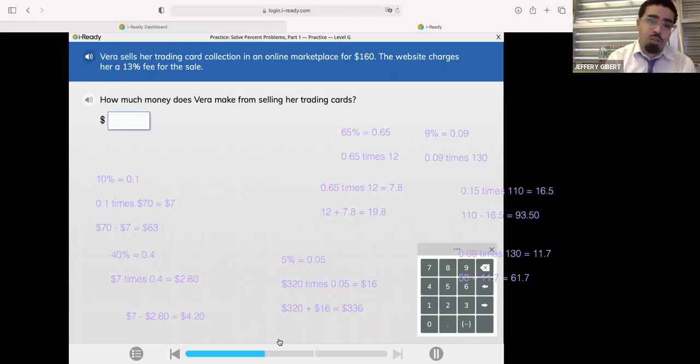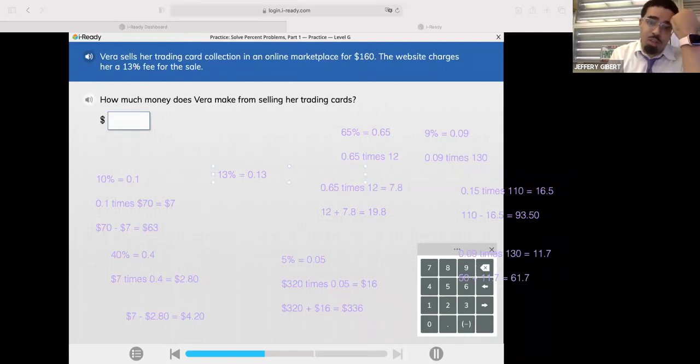All right, so first you need to convert 13% to a decimal. So what is 13% as a decimal? 0.13. All right, that's correct, 0.13. So if they're charging her a 13% fee, does that mean they're taking 13% away from her $160?